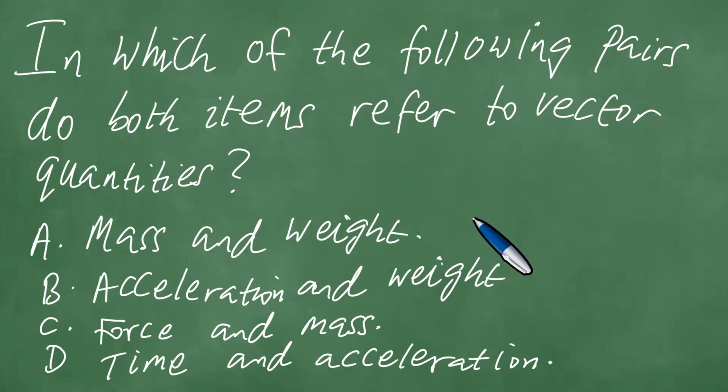In which of the following pairs do both items refer to vector quantities?